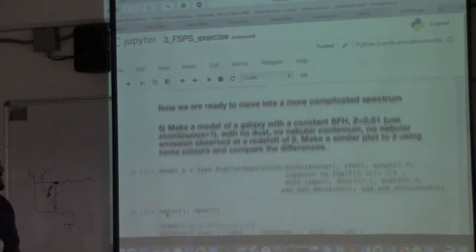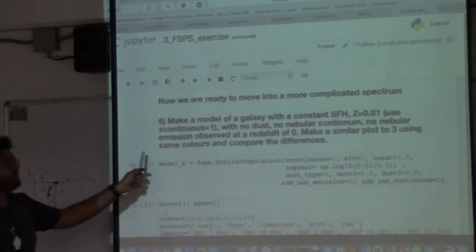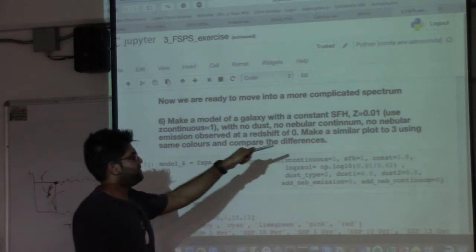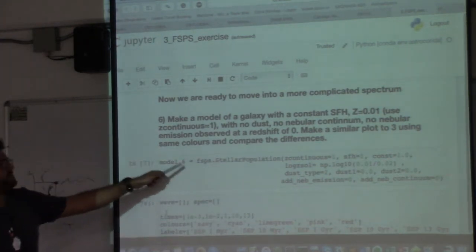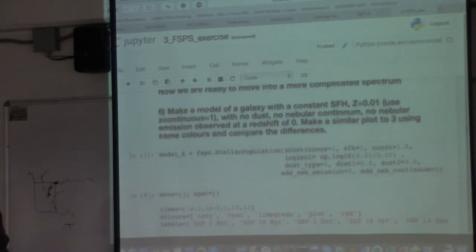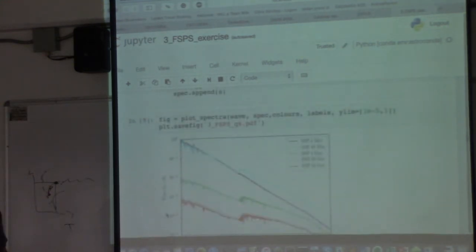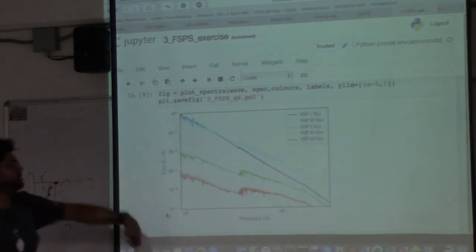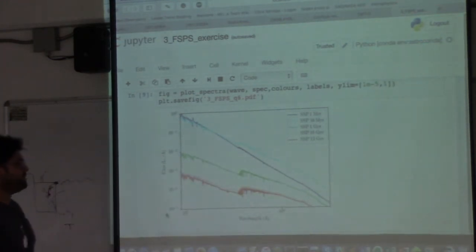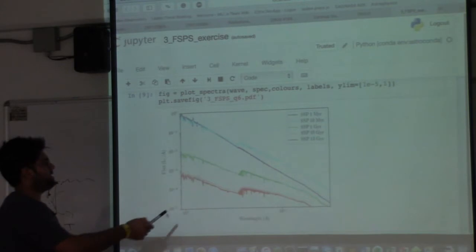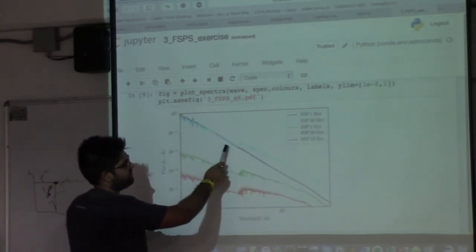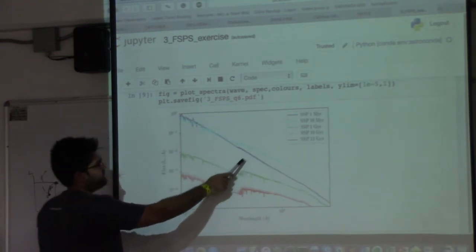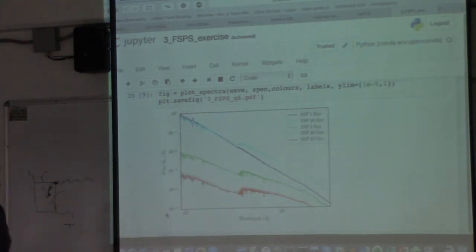And then we started making a constant star formation history model, right? With certain parameters as here, like with no dust. And I think you all also got this similarly. And you can see that as the galaxy gets older, the spectrum changes with time.